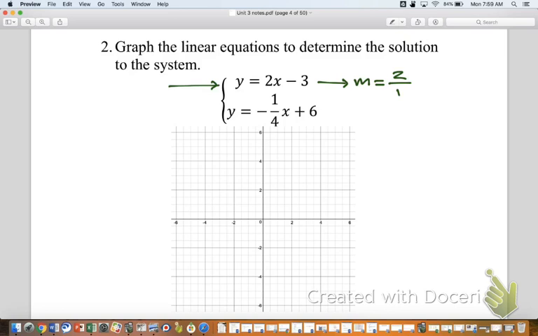Remember, a point always has an x-coordinate and a y-coordinate, so you should always respond with something, comma, whatever. 3 comma 0. She's really close, isn't she? It's 0 comma negative 3. Don't lose the sign in front. So it is the y-intercept, and the point there would be 0 comma negative 3.